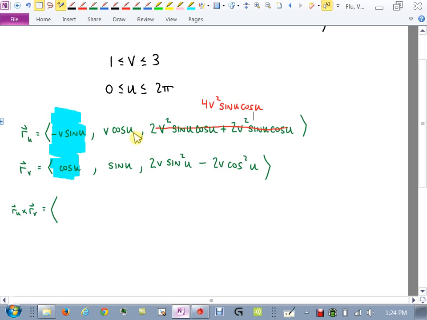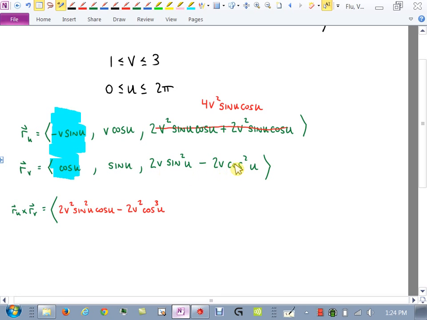Okay, so back to this. V cosine U times these two, which gives me 2V squared sine squared U cosine U minus 2V squared cosine cubed U. That's just this times this.